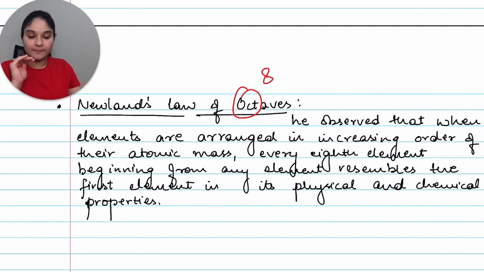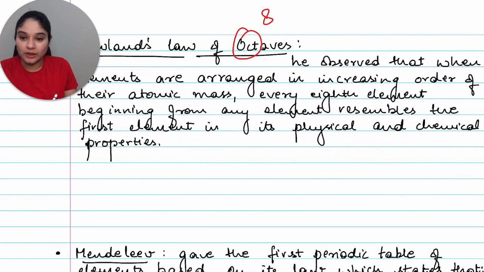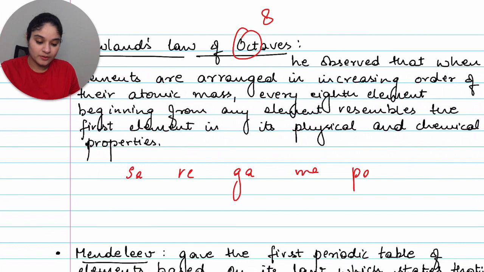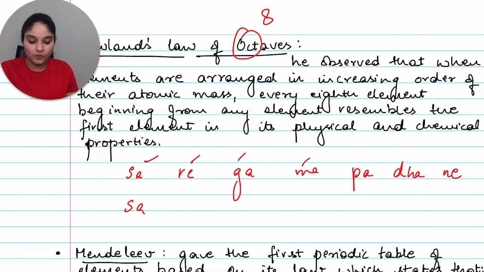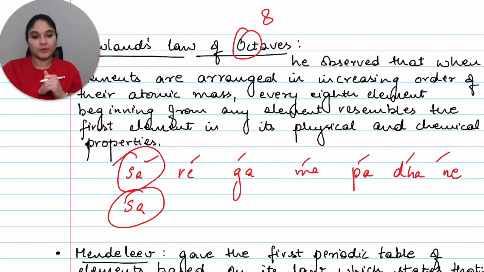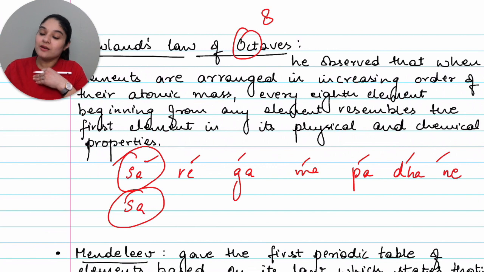So you have Sa, Re, Ga, Ma, Pa, Dha, Ni, and then you have Sa again. So 1, 2, 3, 4, 5, 6, 7, and then the 8th element, that is Sa, is getting repeated. That means similar to the first one. If I arrange all my elements in the increasing order of their atomic mass, then the 8th element is coming back and repeating the similar properties as the first element.